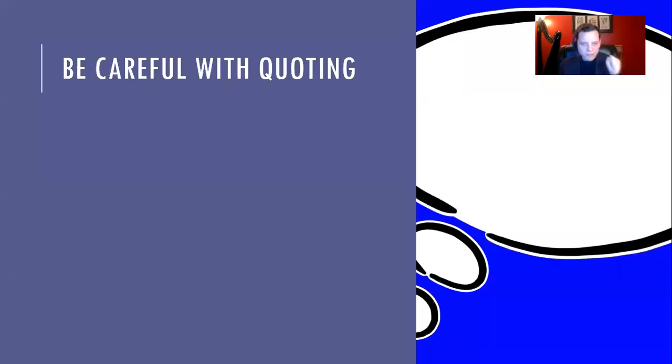However, be careful with quoting. Don't just put quotes around your entire project and then submit it because there's quotes so you could copy and paste. Be really careful with quoting. If you think to yourself, should I quote this or not? Maybe it's best not to quote. It's best to change the sentence and use your own words like we looked at before.